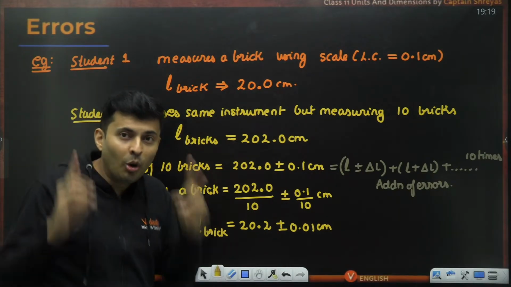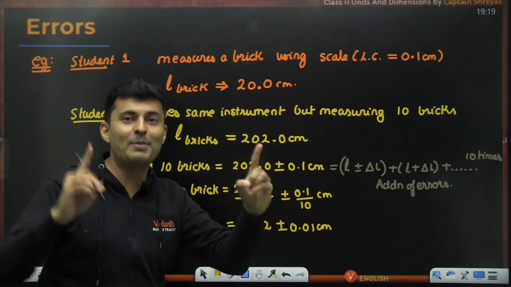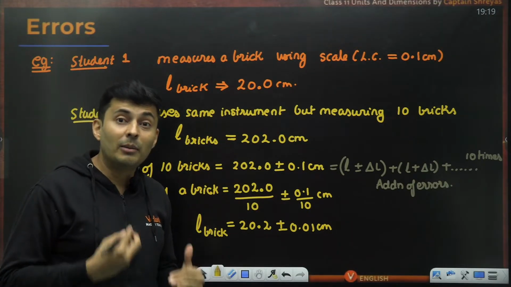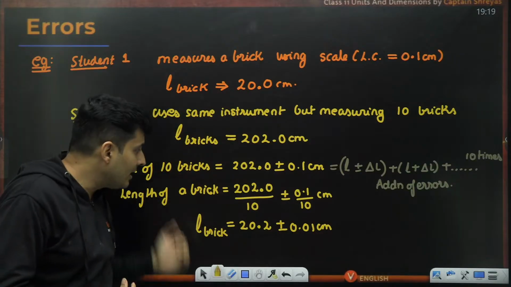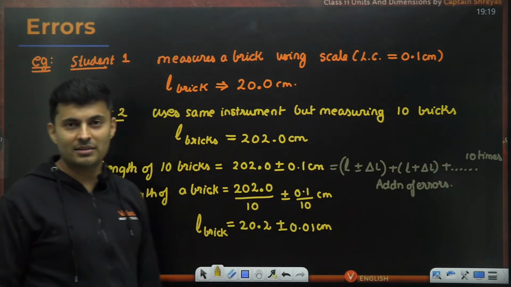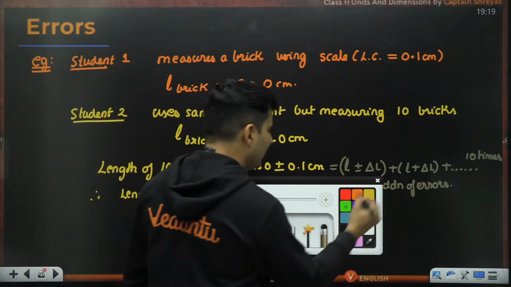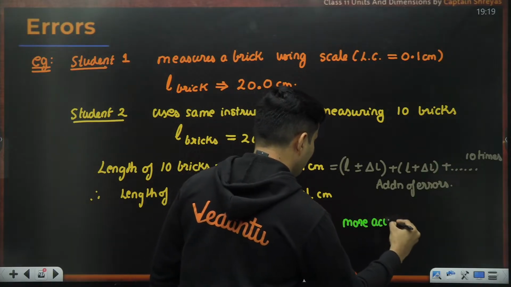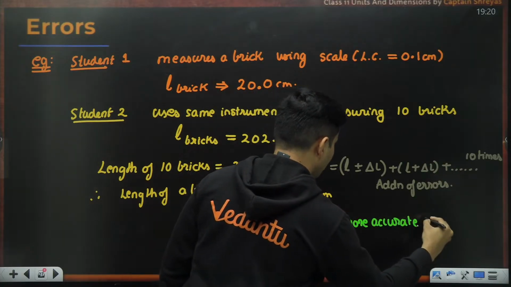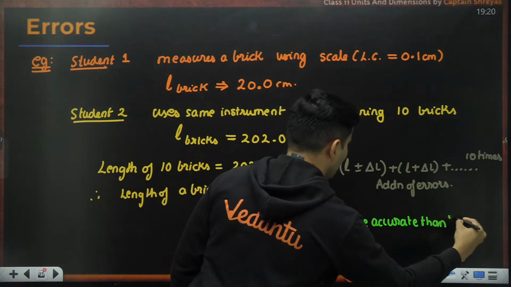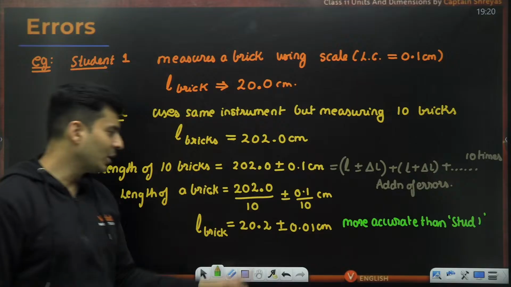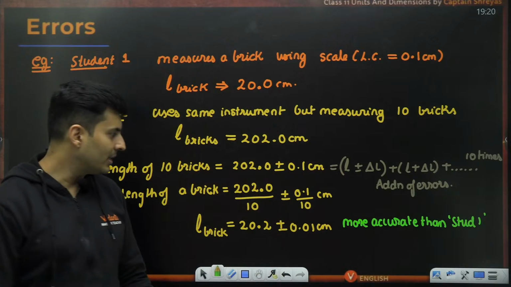Even though both the students use the same setup, same measurement device, the method of averages suddenly helps us improve the accuracy. So this reading is 100% more accurate than that of student number 1, because of the second decimal place.